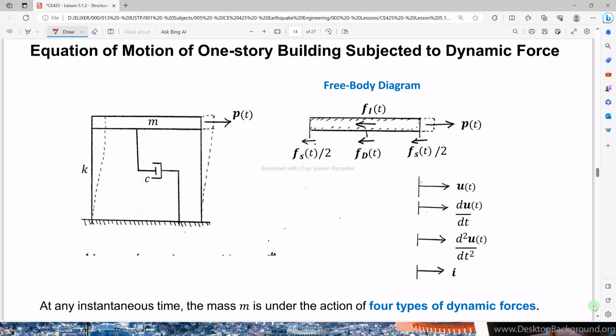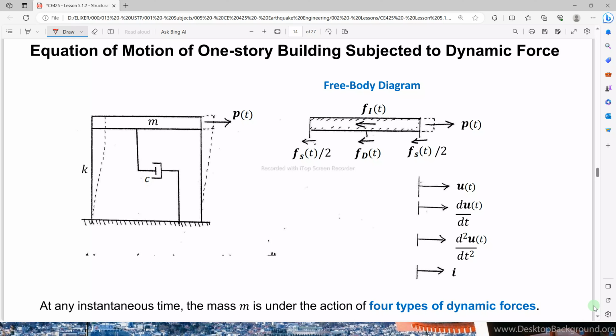So on this side now we have our idealized structure. Now, this idealized structure, with its roof having the mass m, has an applied dynamic force. Can you see? P vector, P of t vector.